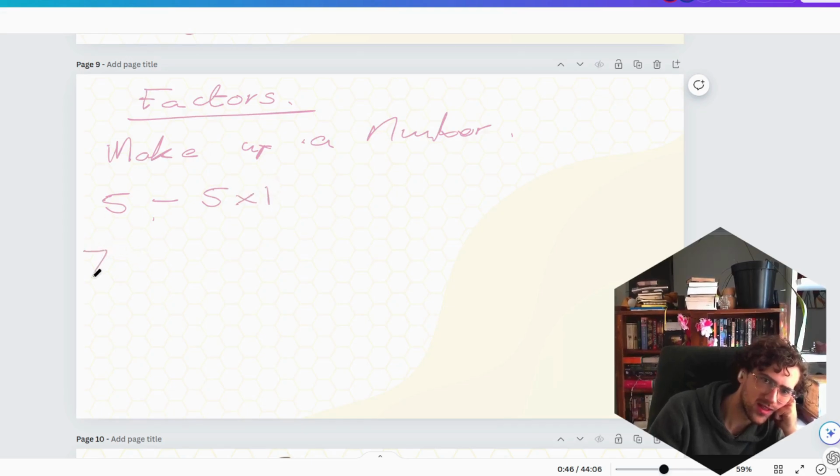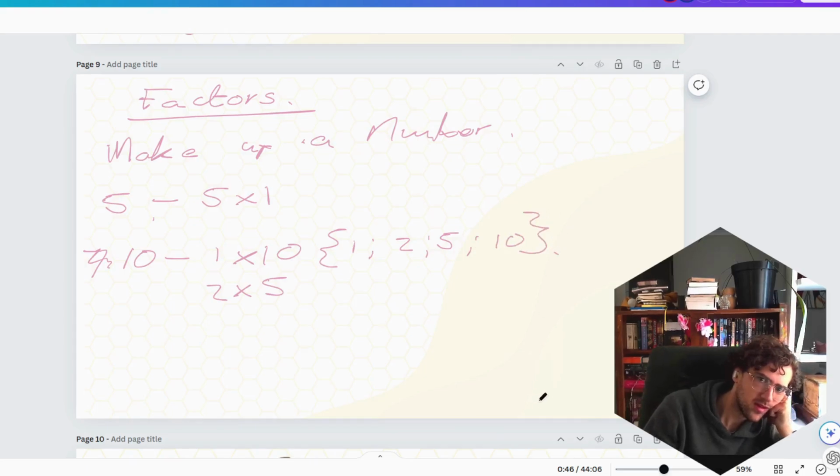Factors of 10 could be, so I could work that out, and that could be 1 times 10, 2 times 5, and pretty much that. So my factors we could write in this notation. So it would be 1, 2, 5, and 10. Is that cool? Okay.